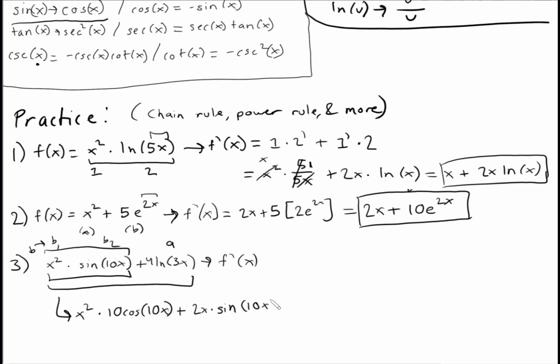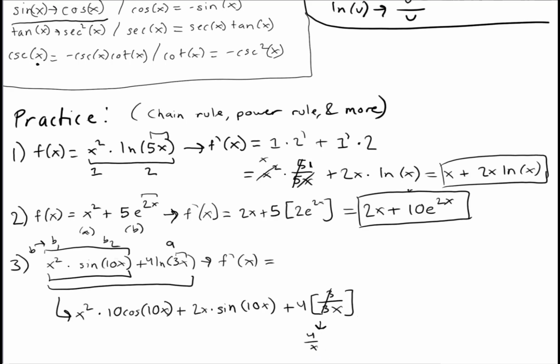So that's the derivative of our b function, and now we can add that on to the derivative of our a function. Plus, what is the derivative of our a function? Well, 4 is a constant, and ln of 3x gets you u prime over u, treating this 3x as our u. And this factors out to 1 over x, and so we can say that this becomes 4 over x.